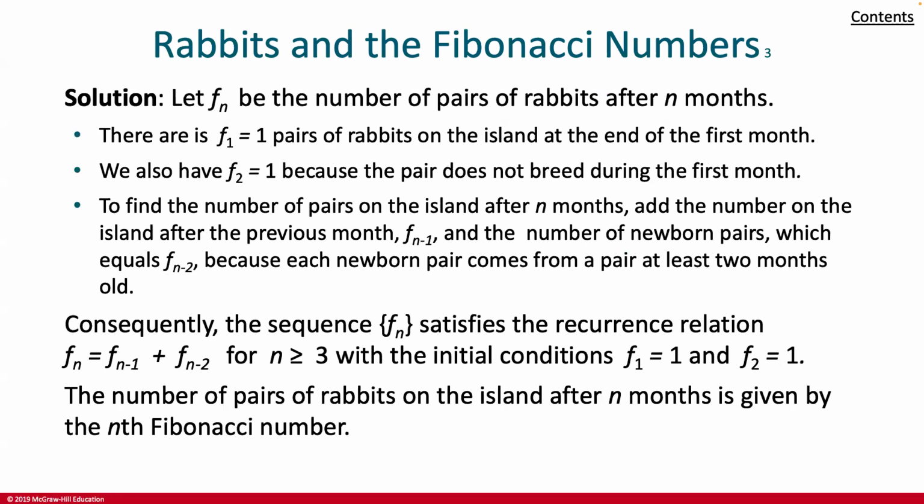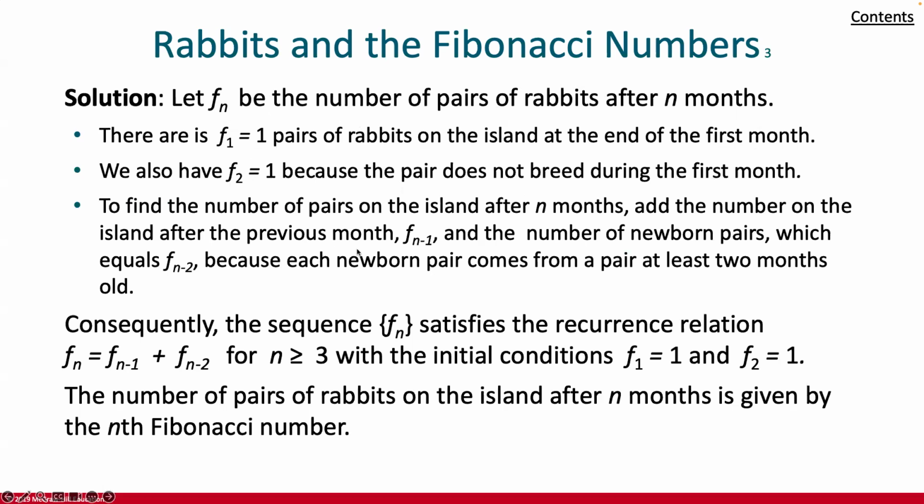Okay, here is the solution. I won't go through this in detail, but you can pause the video and see this. Let f_n be the number of pairs of rabbits after n months. There is f_1 equals 1 pair of rabbits. We also have f_2 equals 1 because the pair does not breed during the first month.